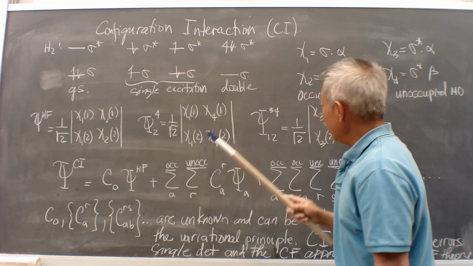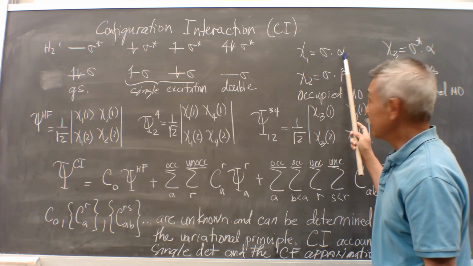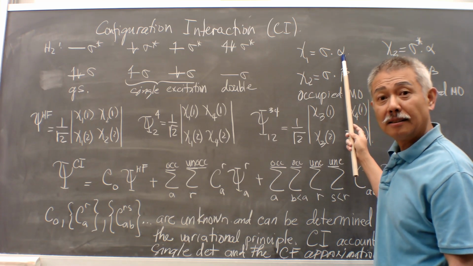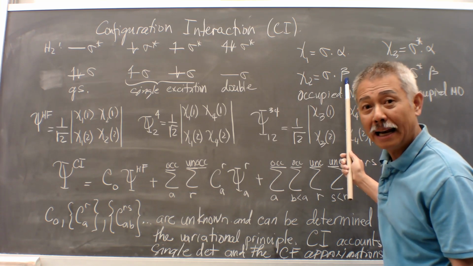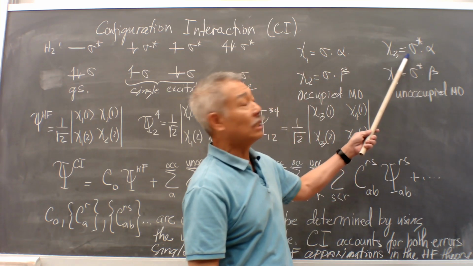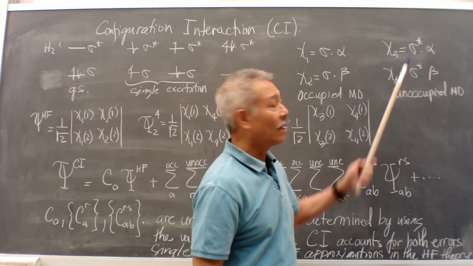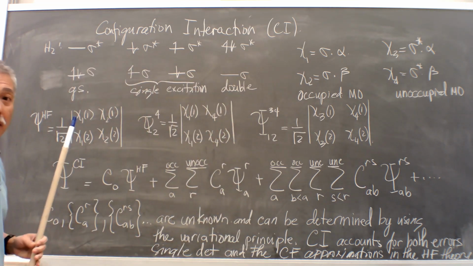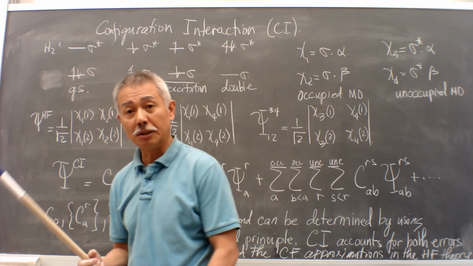Let's say the spin orbitals are: chi1 is sigma times alpha, representing the alpha electron in the sigma orbital; chi2 represents the beta electron in the sigma; chi3 represents the alpha electron in sigma star; and chi4 represents the beta electron in sigma star. Now let's look at the Slater determinant wave functions representing these electron configurations.